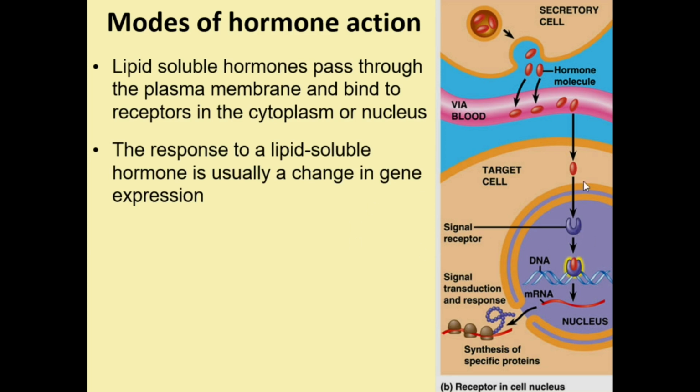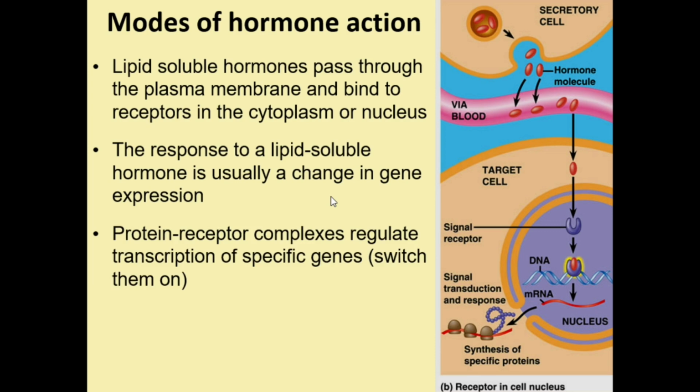And what we're actually getting here is a change in gene expression. We're getting the switching on, if you like, of a specific gene. So the response to a lipid-soluble hormone is usually a change in gene expression. Protein receptor complexes, like you can see here. A protein receptor complex is just what we have when the hormone is docked to the receptor protein.